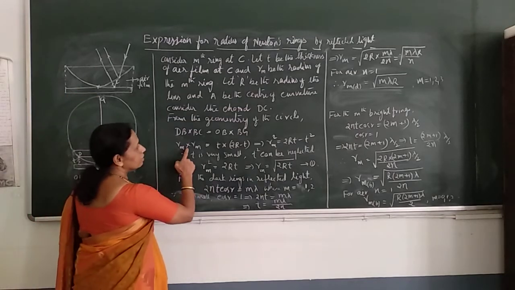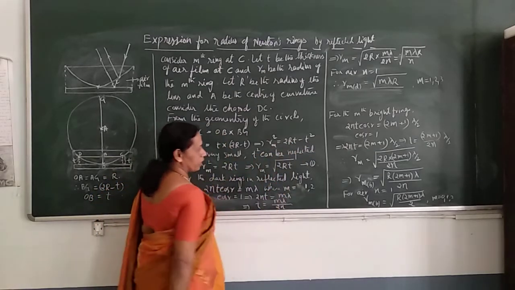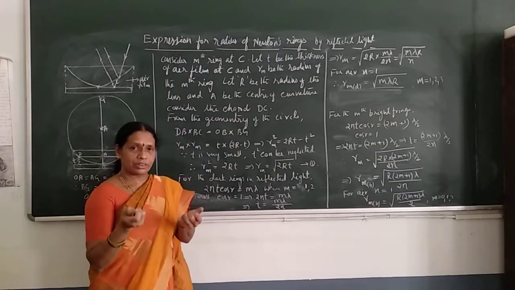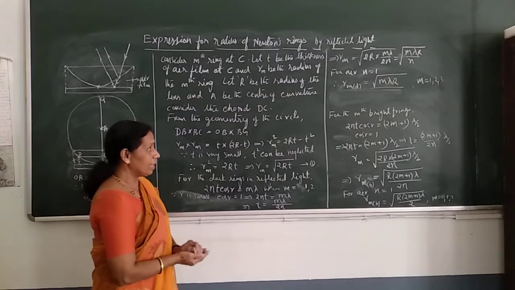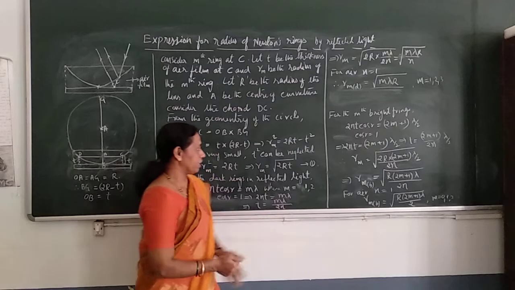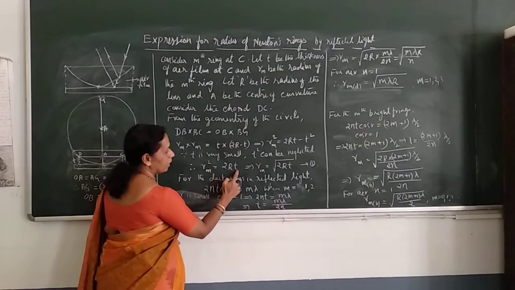If you simplify this, you get Rm squared equals 2RT minus T squared. The thickness T of the air film is very, very small. Such a thin air film is introduced so that T is very small, T squared is still smaller and can be neglected. So we get Rm squared equals 2RT.